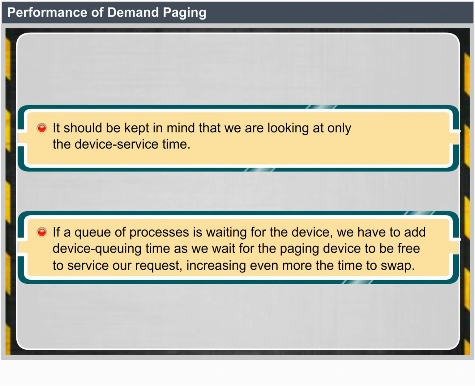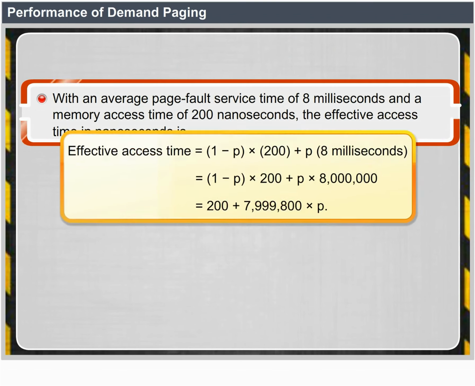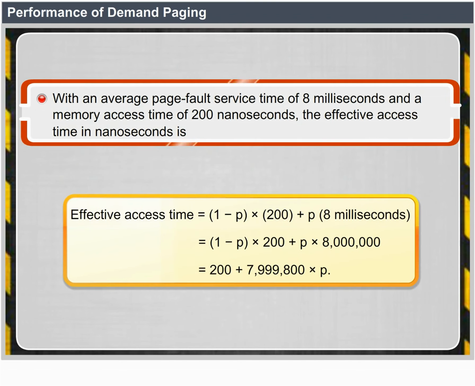With an average page fault service time of 8 milliseconds and a memory access time of 200 nanoseconds, the effective access time in nanoseconds is: effective access time = (1 − p) × 200 + p × 8 milliseconds = (1 − p) × 200 + p × 8,000,000 = 200 + 7,999,800 × p.